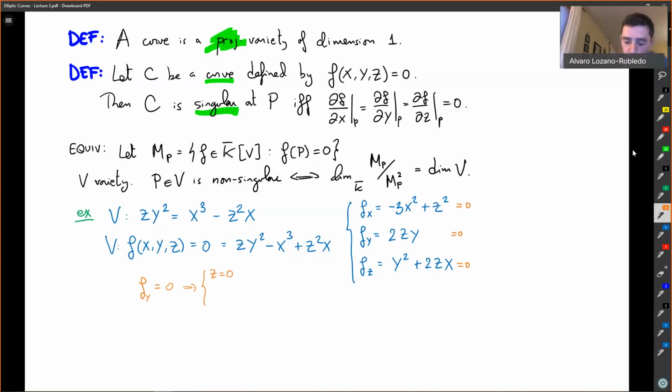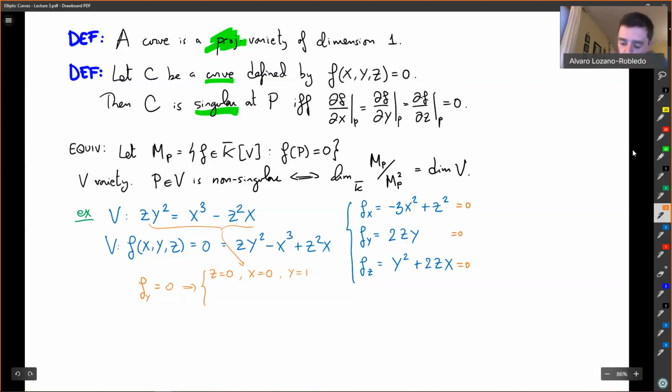Together with the definition, if z is 0, then x must be 0, and then the only point there is y equals 1.